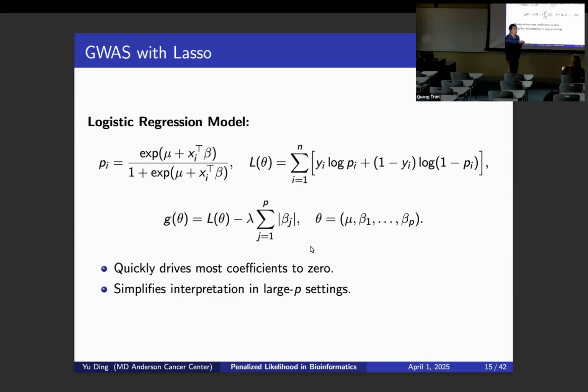Which means that all of the signals are disappearing. If lambda goes extremely large, we will have a result looking like none of the predictors has a relationship with our response y. All of the signals disappear. This is definitely not what we want.